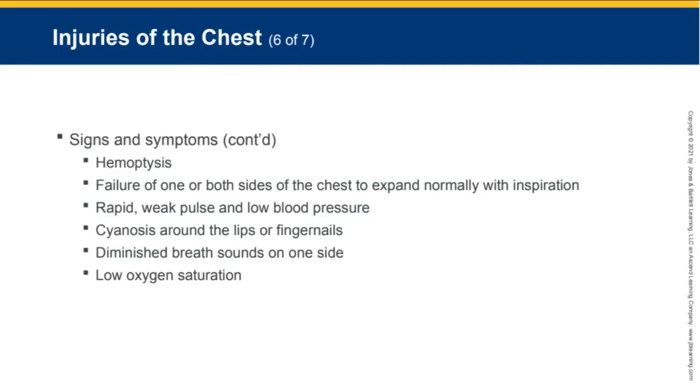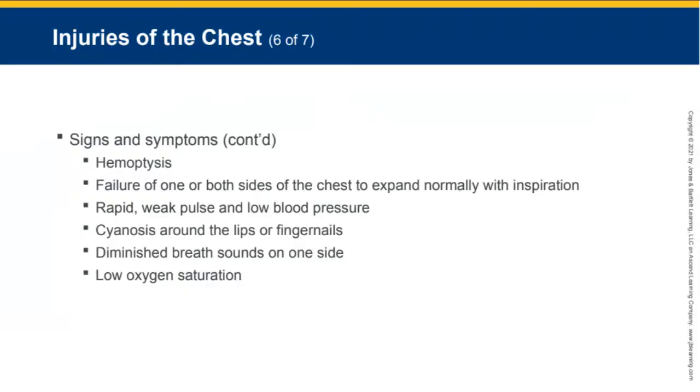Decreased chest rise on the side that the lung is collapsing, and they can have paradoxical motion when there is a detached flail segment, which we will talk about later down in the chapter. And paradoxical motion simply means one side is moving the opposite of the other side. They can have rapid weak pulse and low blood pressure, definitely shock.